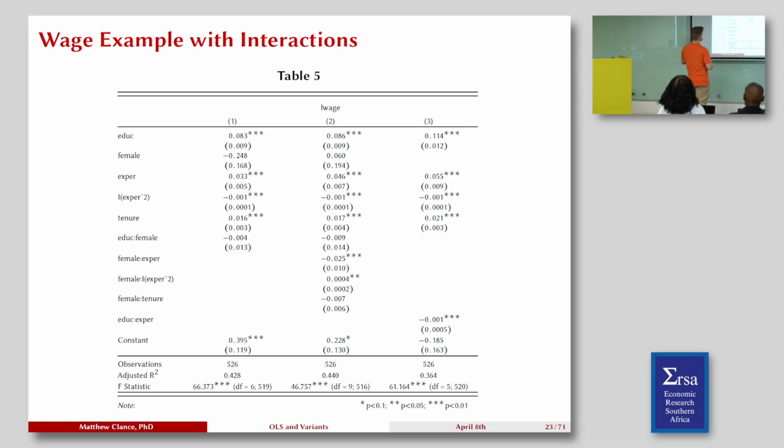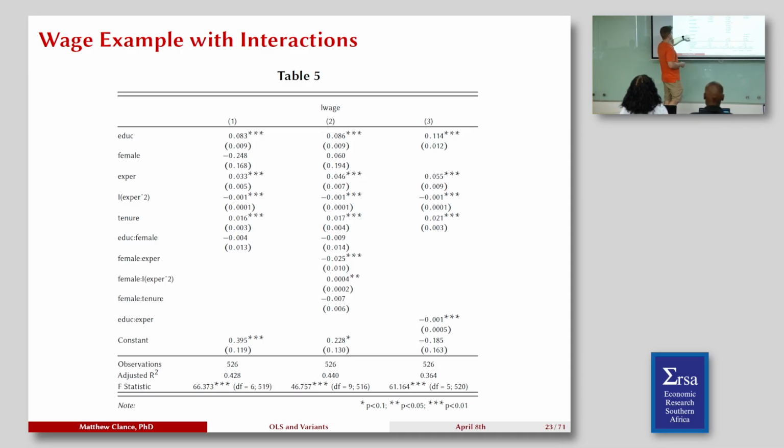It can tell us a little more about the female, experience squared, tenure terms, and I think I do have a Chow test on the next page. Or again, we could just not even care about gender in this case.